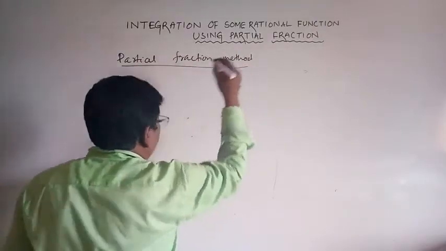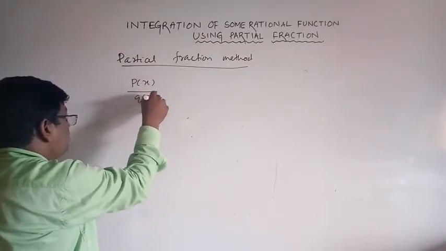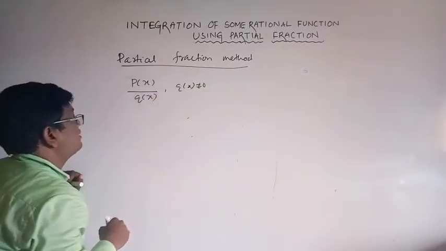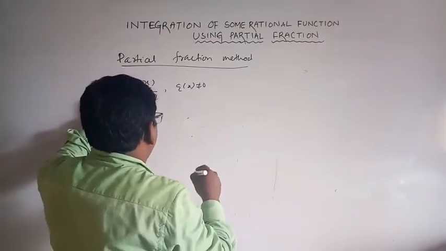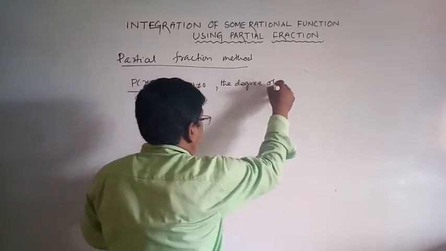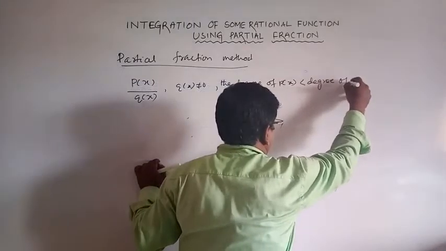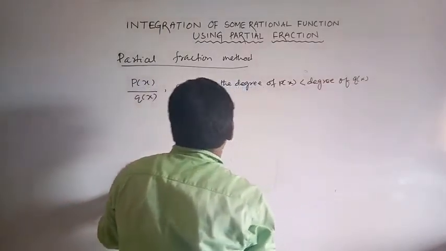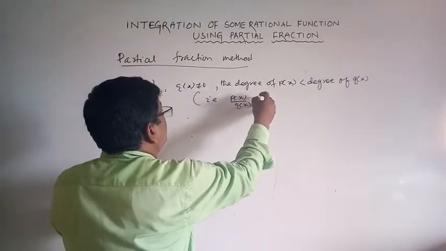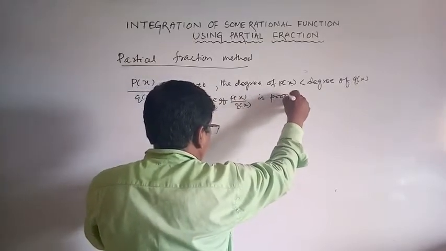Suppose p of x by q of x, where q of x is not equal to 0 and the degree of p of x is less than degree of q of x. That is, we can say p of x by q of x is a proper fraction.